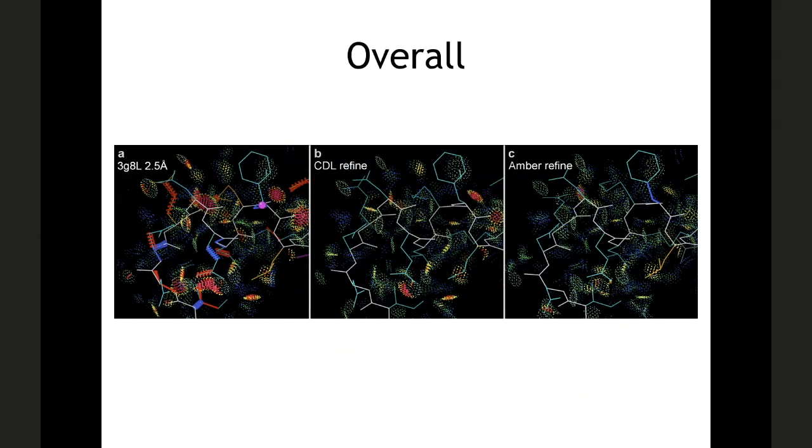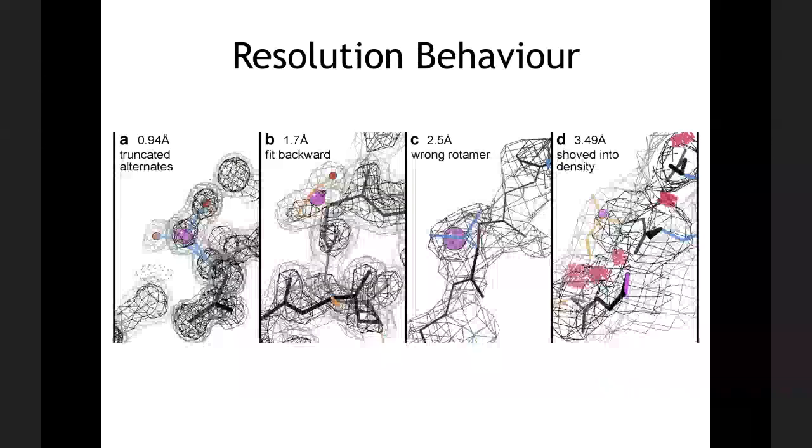So getting back to the behavior of the C beta, you can see from this figure there are four regimes of resolution, starting at high resolution at the left, and these are reasons why we see C beta deviation. In Figure A, sometimes the alternative states have been truncated and put in completely. Sometimes a rotamer is fit backwards.